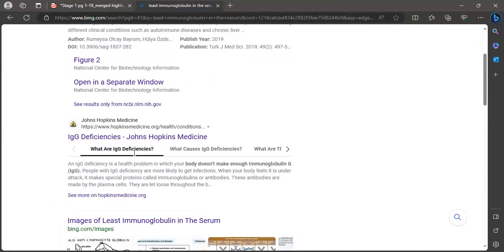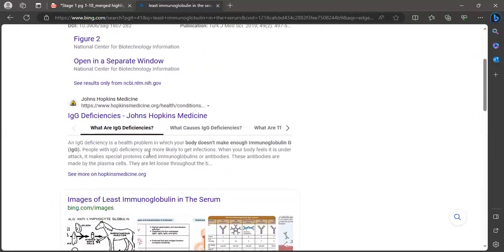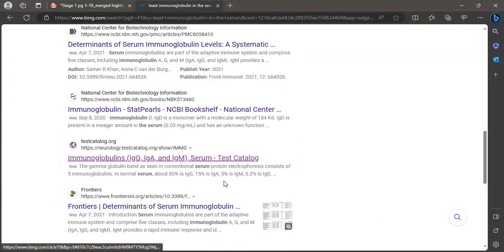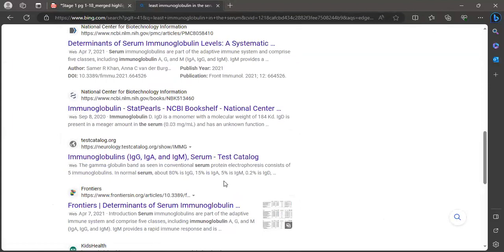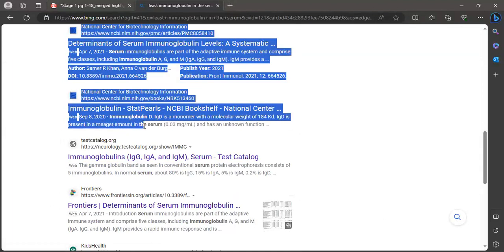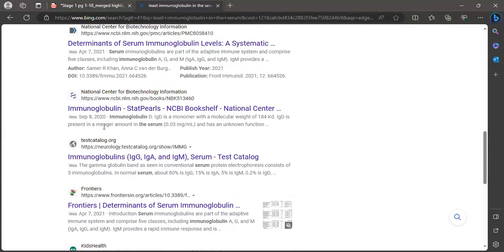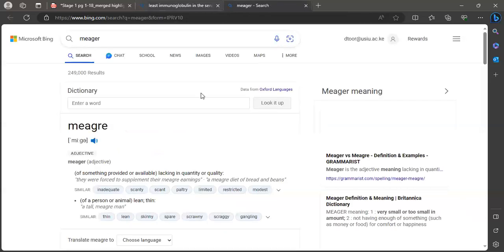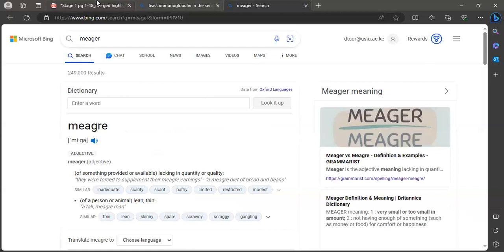IgG is the most abundant. Immunoglobulin. IgD is lacking in quantity or quality.